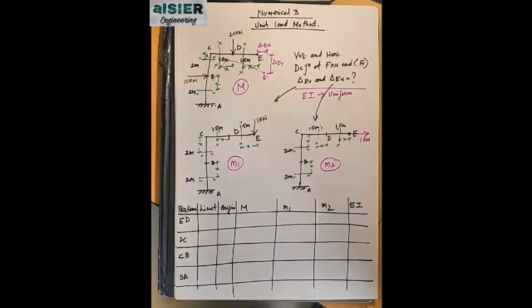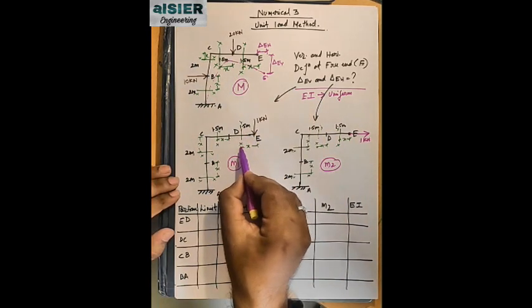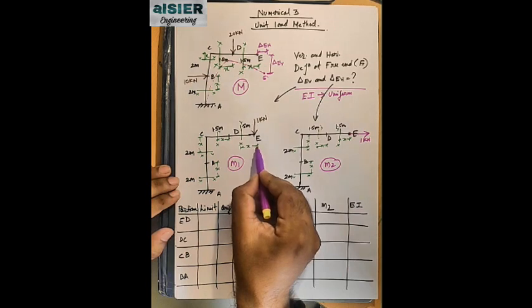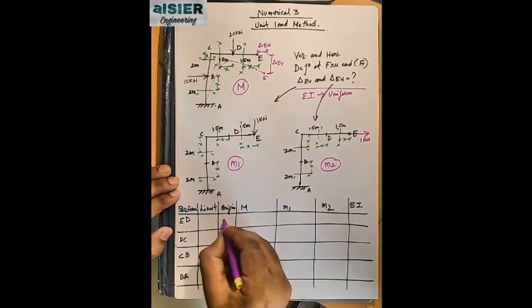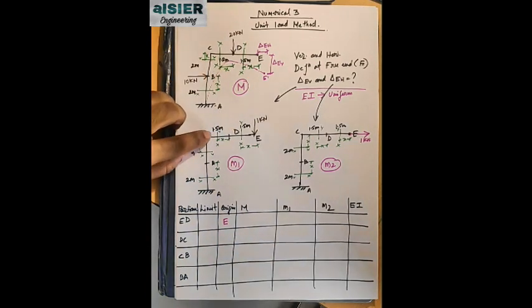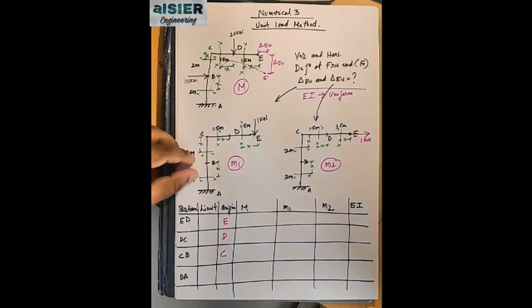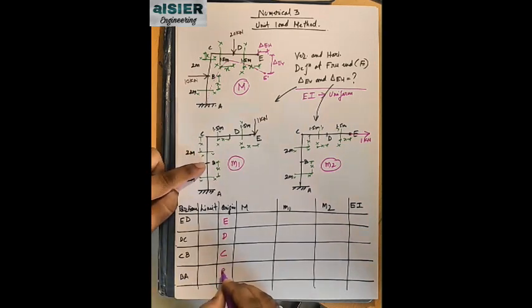Now we will decide the origins. Now it is very simple to decide the origin. Now you can see here in portion ED, this is the section XX, which is from distance E, means x is 0 here, and therefore origin will be E here. Similarly, in region CD section, here is the section and it is starting from D, so origin is D. Similarly, in portion CB, this is the section and it is starting from C, so origin is C. And in portion BA, this is the section and it is starting from B, so origin is B.